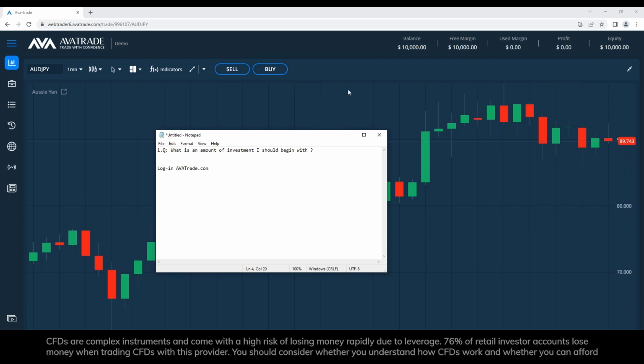If I can't see this interface for some reason, I can just access the live chat, which is right here at the bottom left, and ask them to apply that interface on my account. I do it through the browser. I don't have to download anything. I just log in to AvaTrade and it's supposed to look just like that.